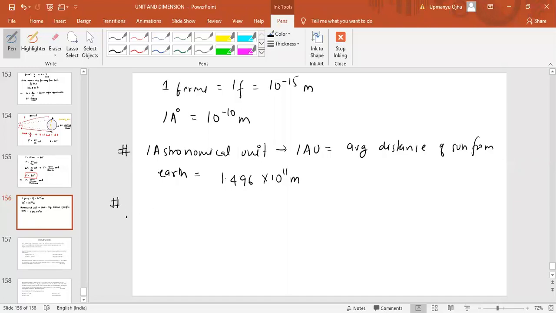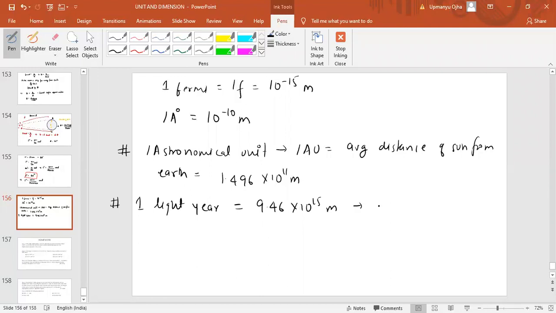Now next is 1 light year. 1 light year value is equal to 9.46 into 10 to the power 15 meters. Now what is a light year?